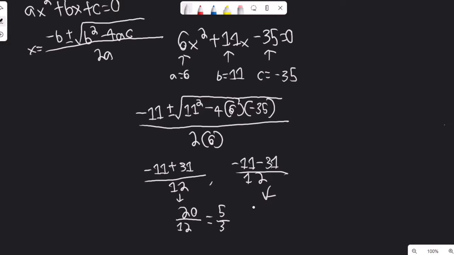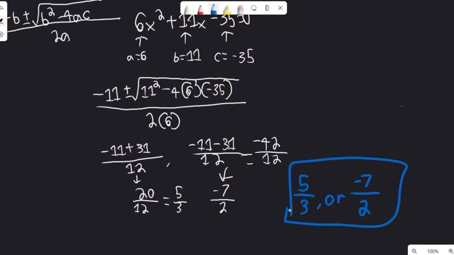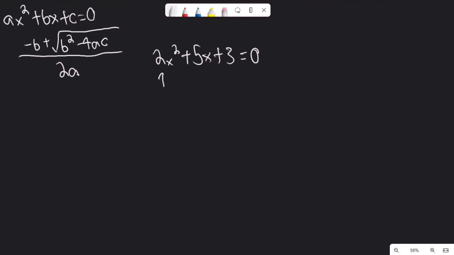And negative 11 minus 31 over 12 simplifies to negative 7 over 2. So our final answer is 5 over 3 and negative 7 over 2. Alright, let's go to another example.